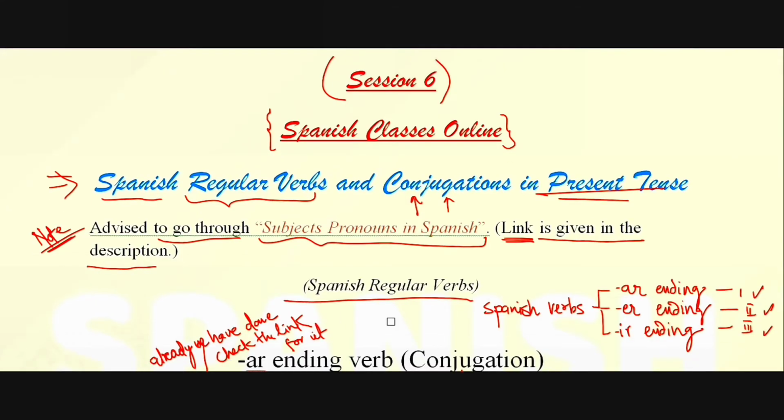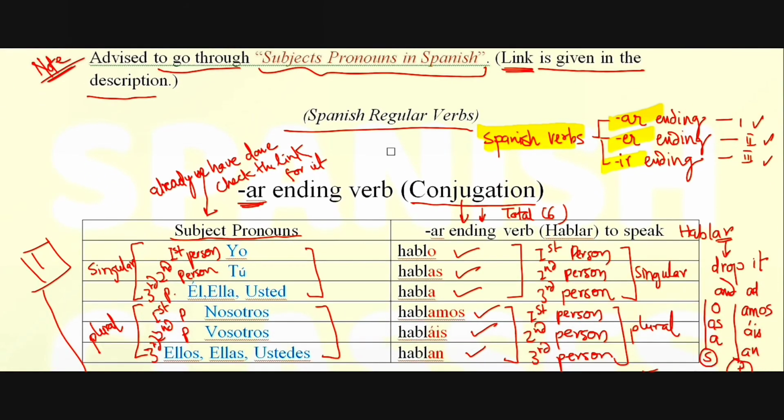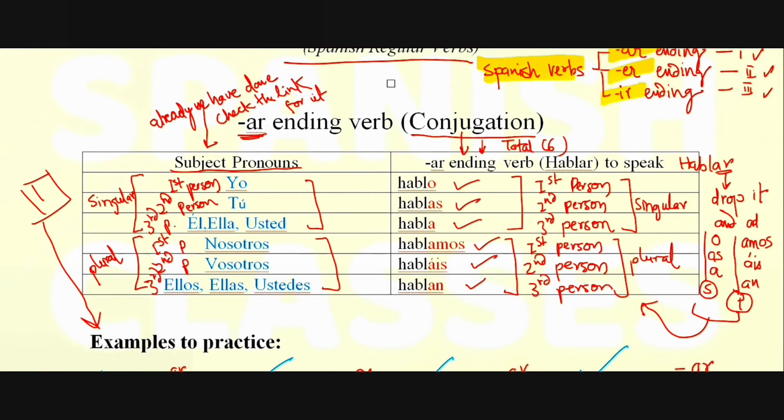And we have 3 categories: AR ending verbs, ER ending verbs, and IR ending verbs. You can see I'm highlighting AR, ER and IR ending verbs. These 3 categories we will do. I'll put highlights so you keep on watching and practicing.